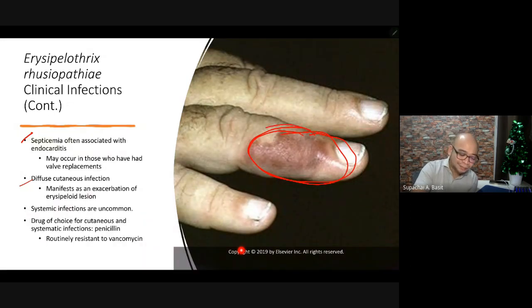Again, from a local infection, it will now diffuse. Systemic infections are uncommon. If we do not want to have systemic infection, it is very important that at the early onset of erysipeloid, for example when you see rashes or reddening of the skin, we can treat it with penicillin. And if the bacteria is resistant to penicillin, then we can go to vancomycin.